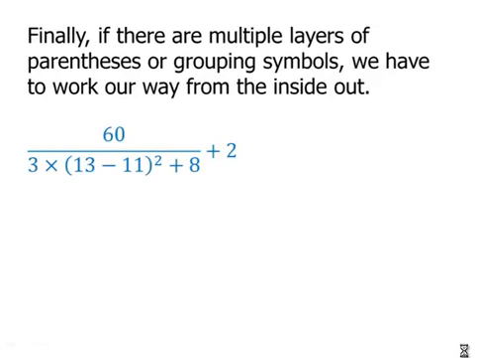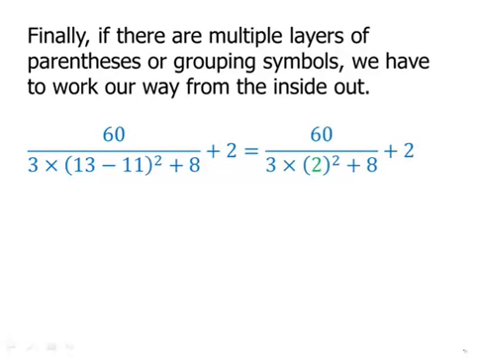So for example, here I have a long fraction bar. We have to handle everything under the long fraction bar before we do anything else. Within the long fraction bar, we have parentheses. So that's another grouping symbol. First thing I have to do is those innermost parentheses, 13 minus 11. So that becomes 2.